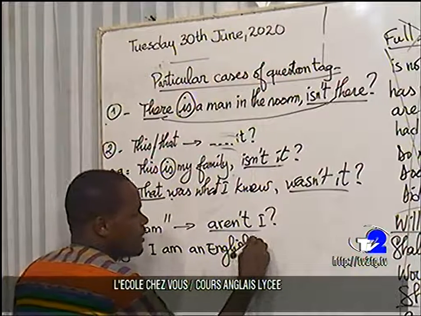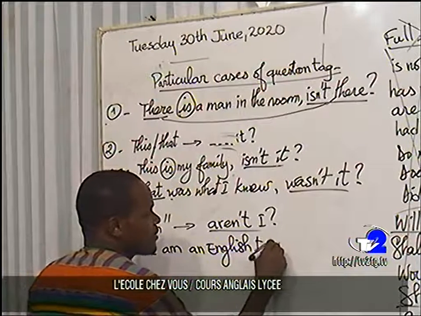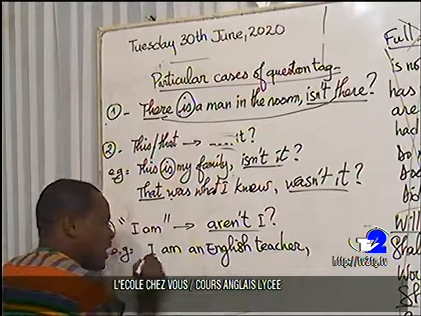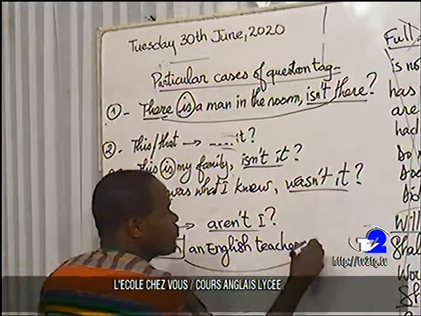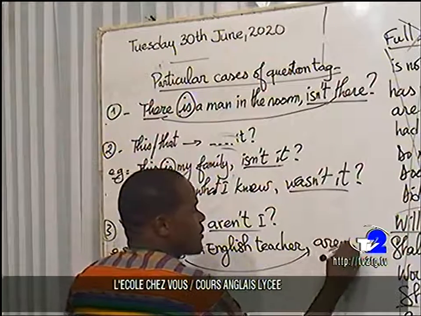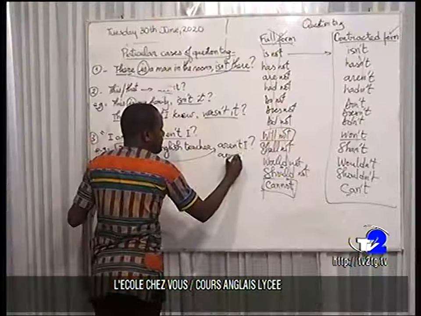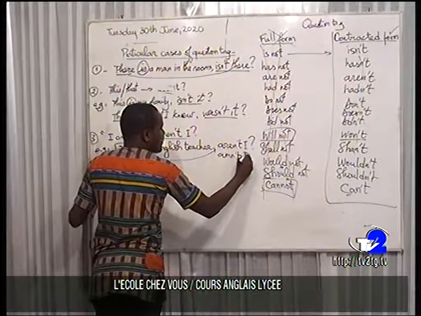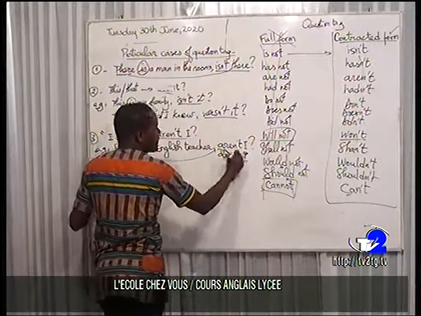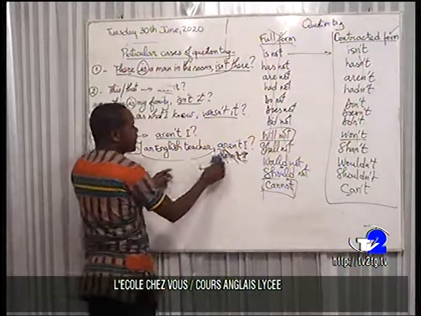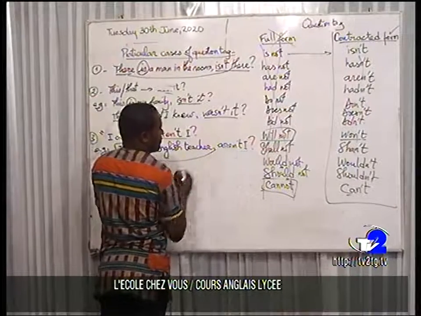As you have I am, the question tag should be aren't I. Don't say am I not, aren't I. No, this one doesn't exist. Never say it.